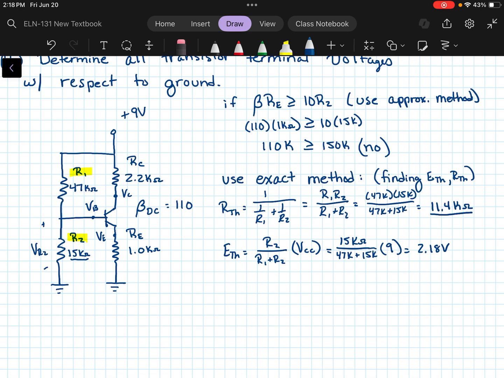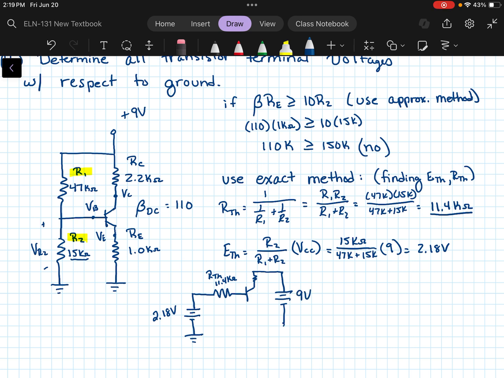So what does that mean when we find the Thevenin equivalent circuit? That means that we're going to have a VBB over here that is our E Thevenin. That is going to be 2.18 volts. And then in series with that is going to be our R Thevenin, which was the 11.4 kilo ohms. And then we're just going to keep the rest of our circuit over here.